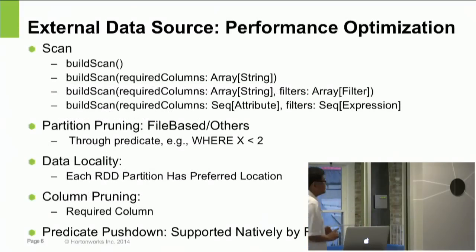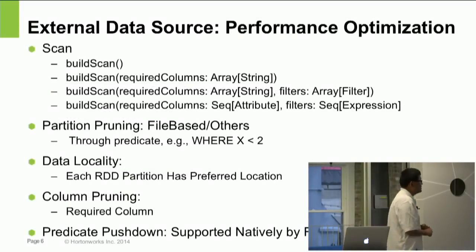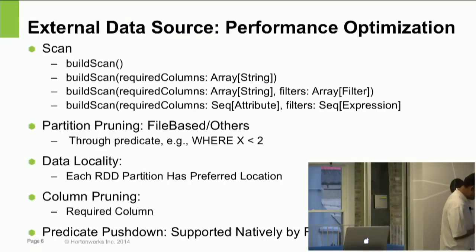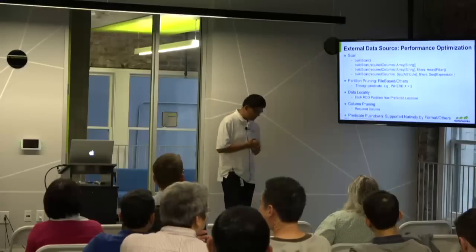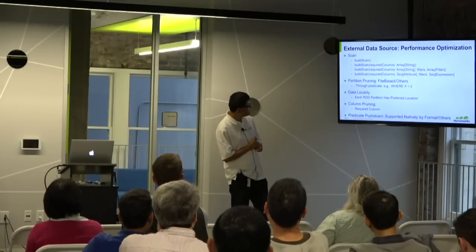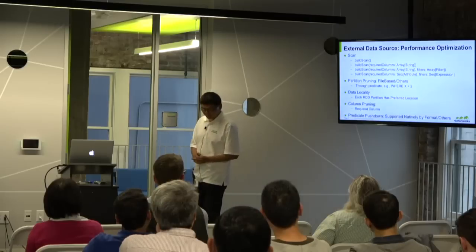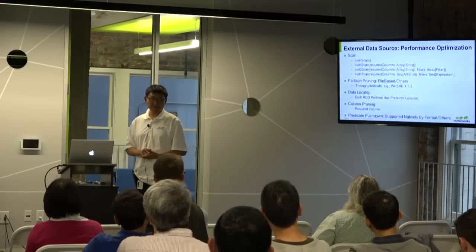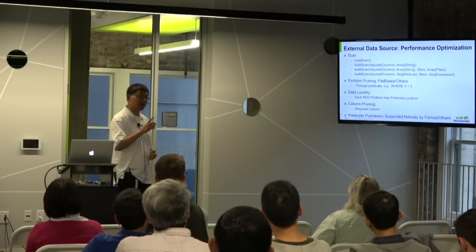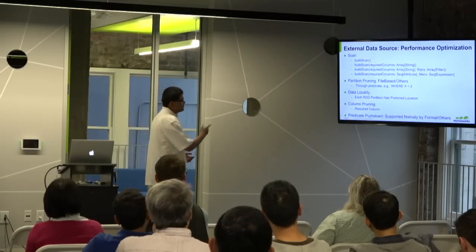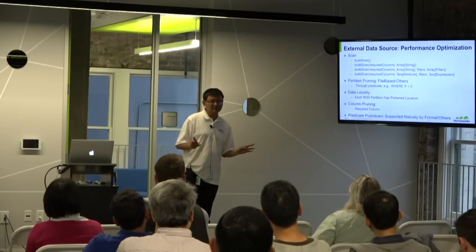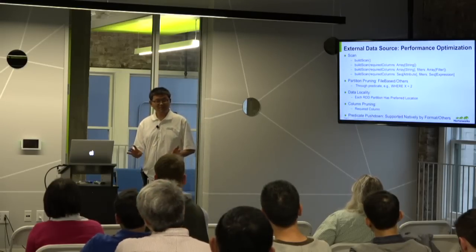The critical part, when you implement the external data source, if you go to the Spark code, you will find several versions of build scan. It's based on the properties of your external data source. You have to implement at least one of them. The first one, build scan, doesn't have any parameters, just build scan.